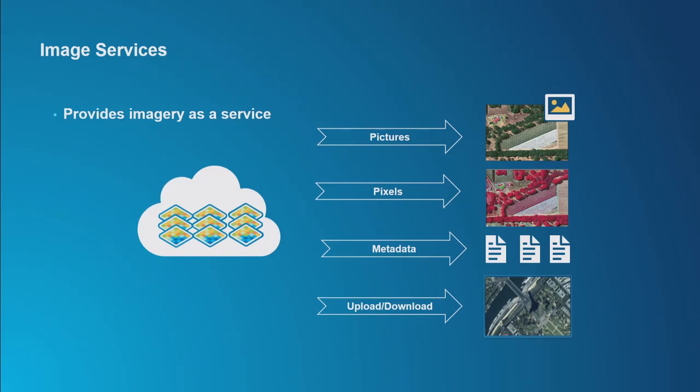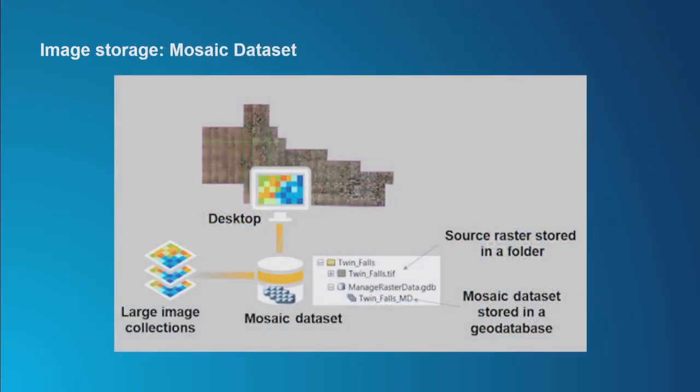Even if it's cached, it's smart enough to recognize that dynamic request if, for example, a geoprocessing tool wants to analyze the pixels. It comes with metadata, and as I said, the ability to upload and download is a configuration in the image service.